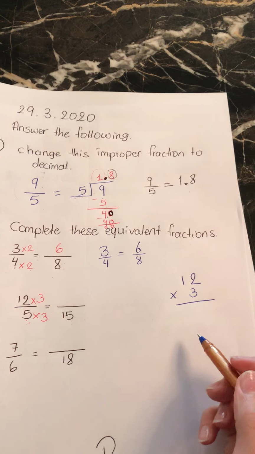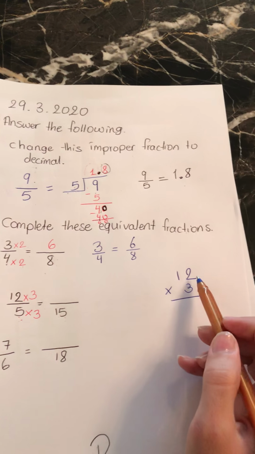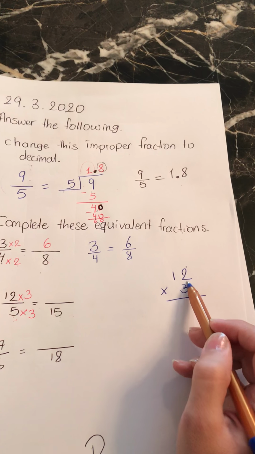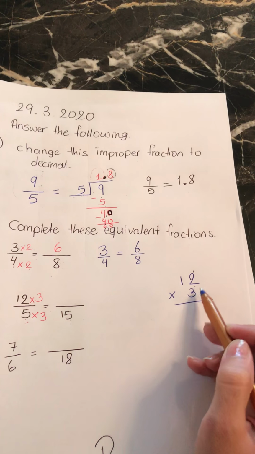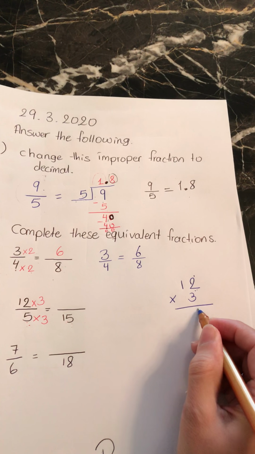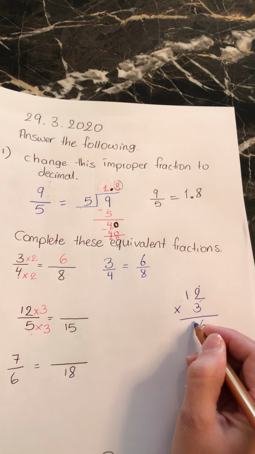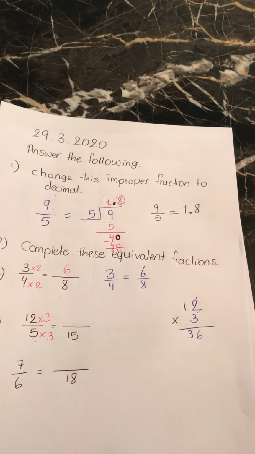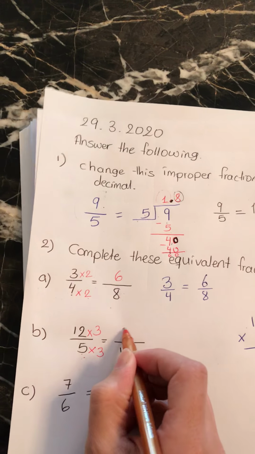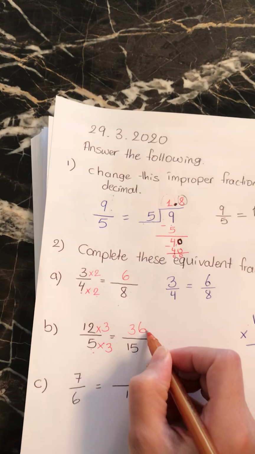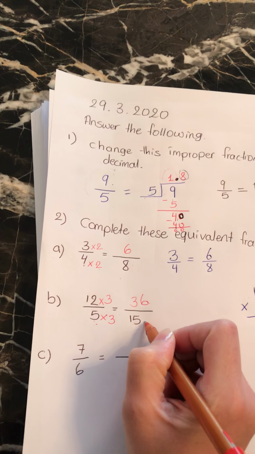Okay, now, of course, we know that we always start from this side. 3 times 2 is 6. 3 times 1 is 3. So this one is equal to 36 over 15.